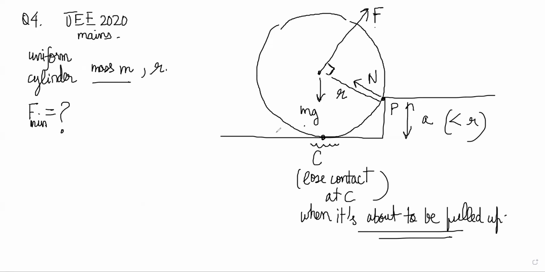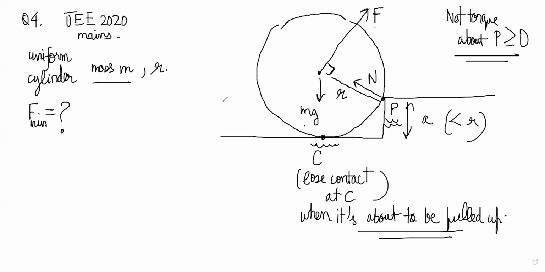Now, what is the net torque on the cylinder about point P? The net torque about P must be greater than or equal to 0 for toppling to happen, or for it to be able to be pulled up about point P. It has to turn about point P, then only it can go up, right?